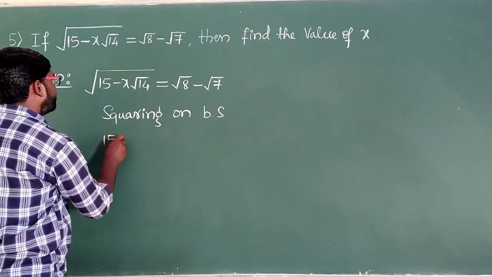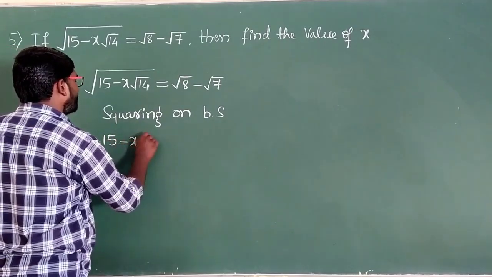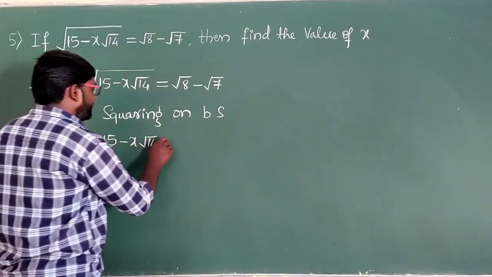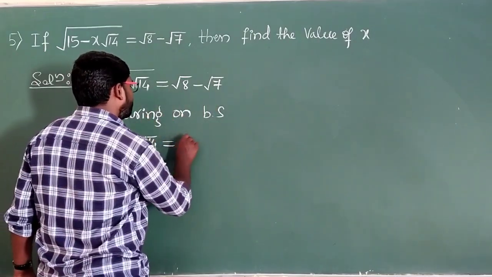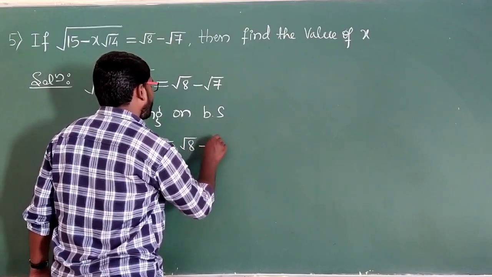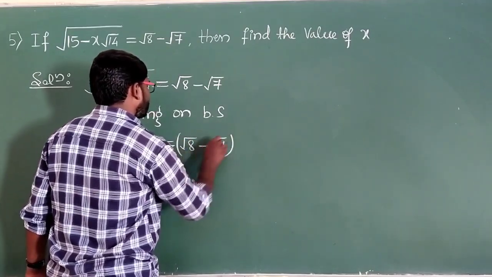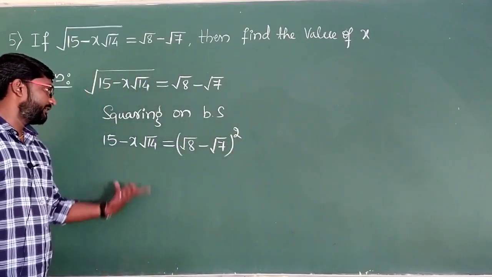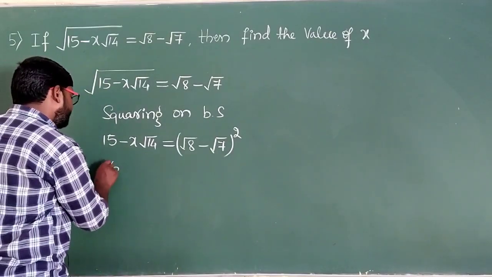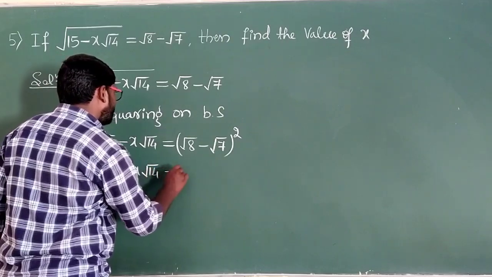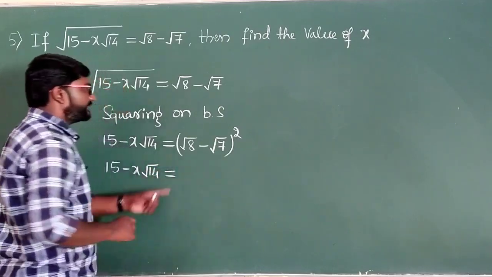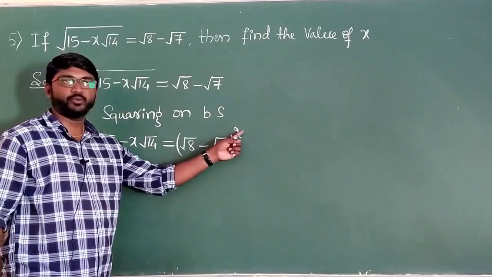We get 15 minus x into root 14 equals, squaring on both sides, root 8 minus root 7 the whole square. Now I write this as it is: 15 minus x into root 14 equals, expand this using the a minus b the whole square formula.